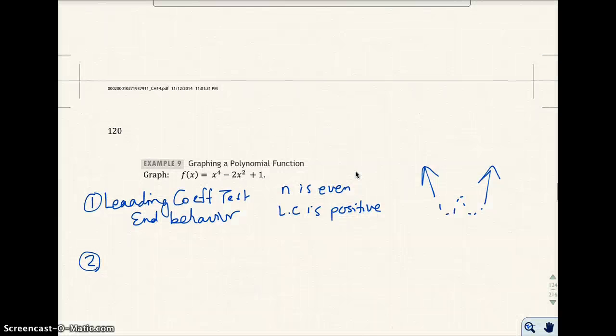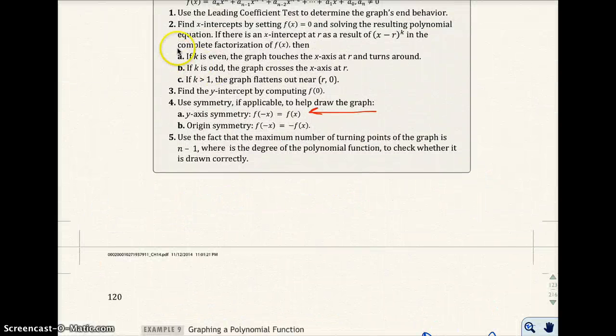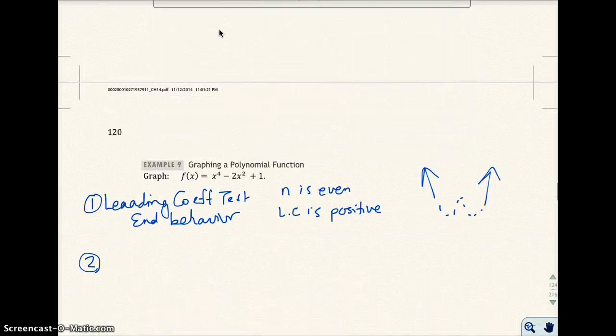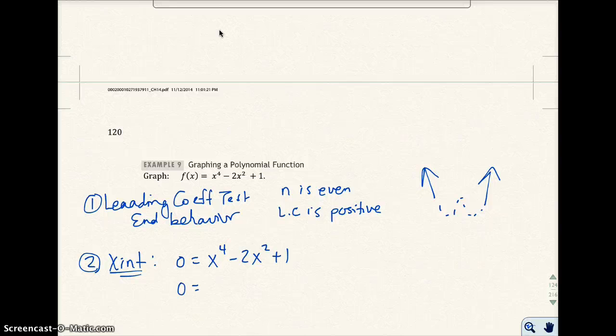The second thing we want to do is find the x-intercept. We plug in 0 for y, so 0 equals x to the 4th minus 2x squared plus 1. I'm going to factor this. Notice I have 3 terms. There's no GCF. x squared goes in here and here, but doesn't go in here.